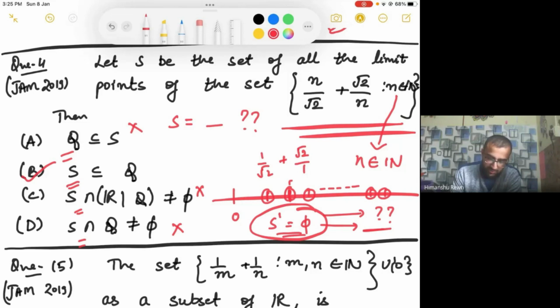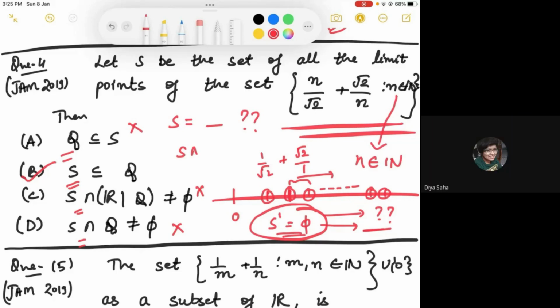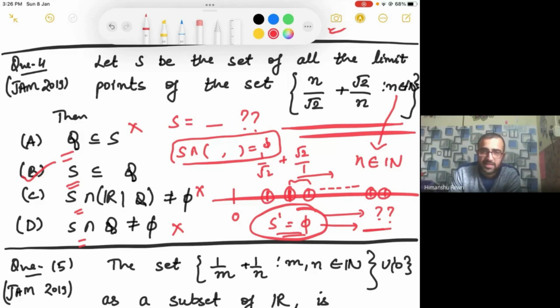So between these 2 points, what will be the difference at least needed so that the intersection will be empty? Sir, if we take epsilon less than 1 by root 2. Yes. So notice this. Whenever n is tending to infinity, this difference, because of this root 2 by n, is going to be 0. So whenever n is large, the least difference should be n divided by root 2.